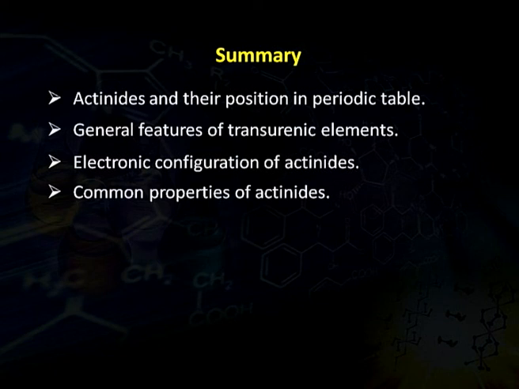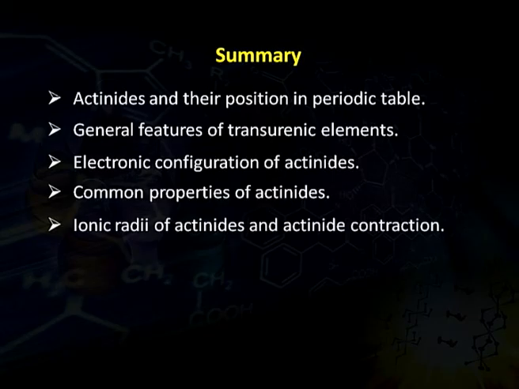The common properties of actinides, whether its appearance or its turning tarnished due to the formation of an oxide layer on it, were discussed. The ionic radii of actinides, same as the lanthanides, decrease.